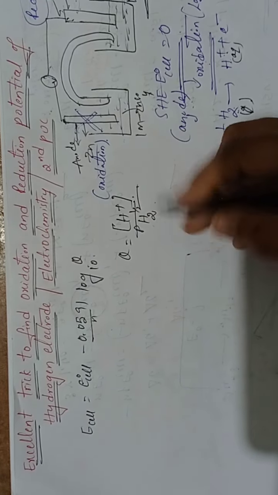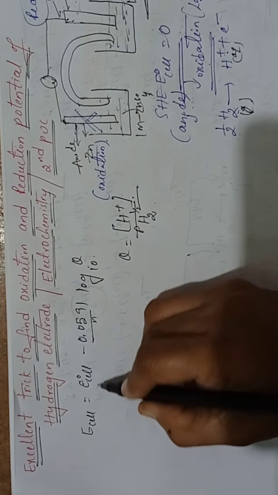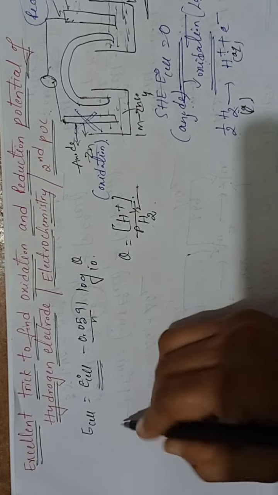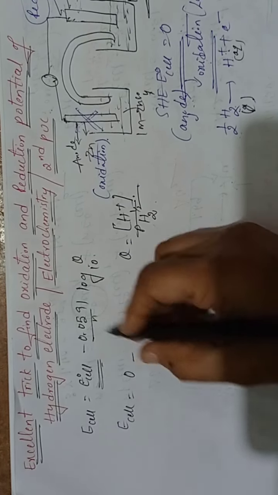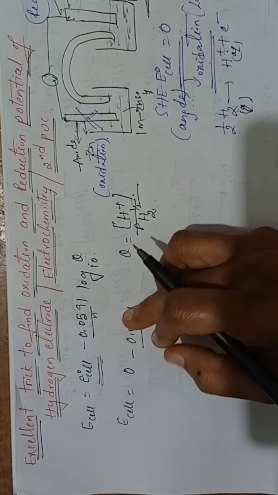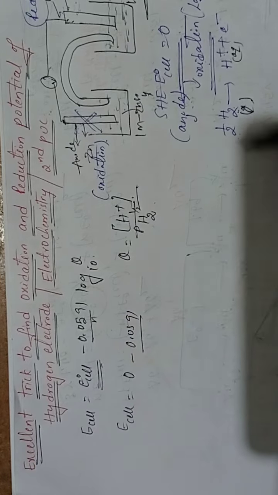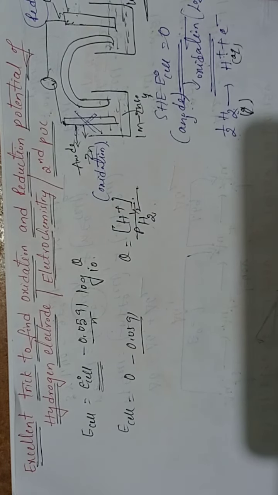This is the Q value. Now I am going to substitute this value. And what is the E naught cell value, students, for SHE? E naught cell is 0 minus 0.0591 by n. N means how many electrons are transferred. Here this is the hydrogen electrode, this is the copper electrode. How many electrons are lost?